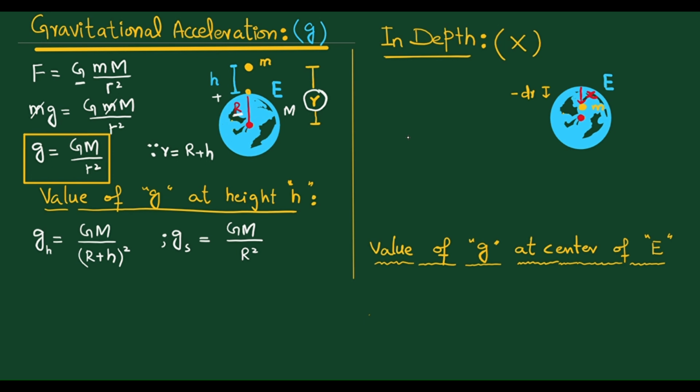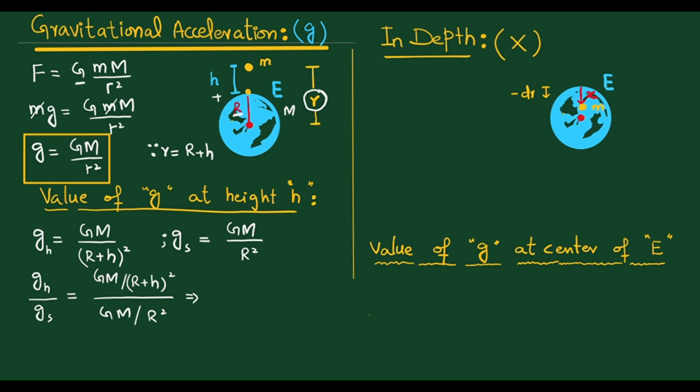If we divide these two equations, then we get capital G, capital M, divided by R plus h whole squared, divided by capital G, capital M, divided by R squared.